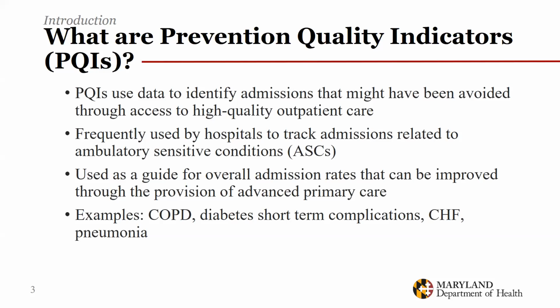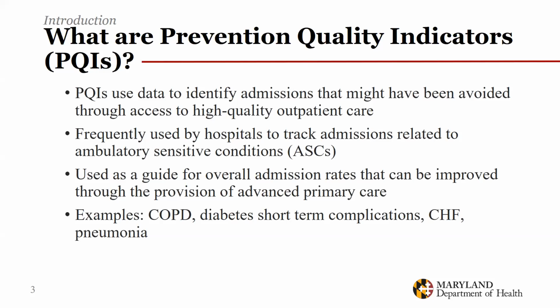Such is true also for things like diabetes short-term complications, those things when people's diabetes gets out of control, which is obviously something that can be managed proactively in the ambulatory setting for the most part. Congestive heart failure, which can be managed with aggressive weight management, medications, and other things that are best done in the ambulatory setting.